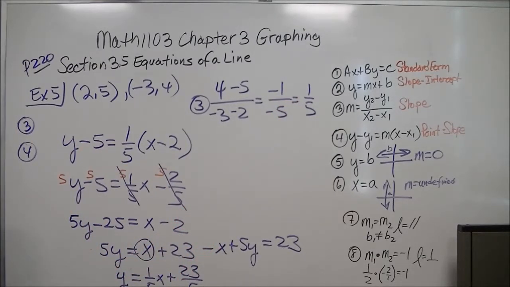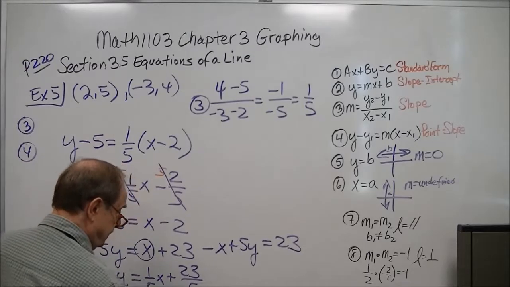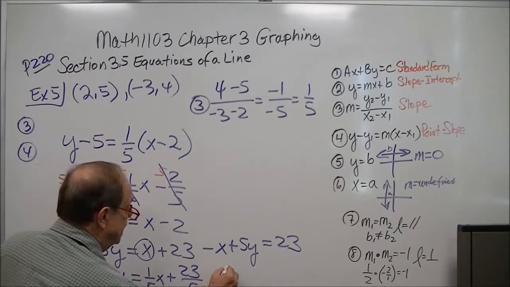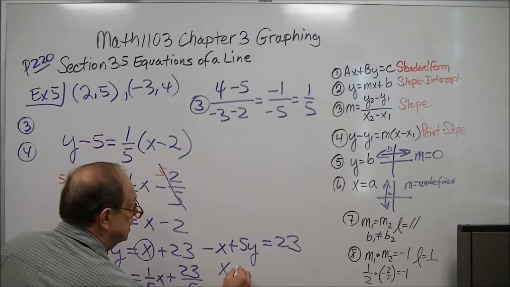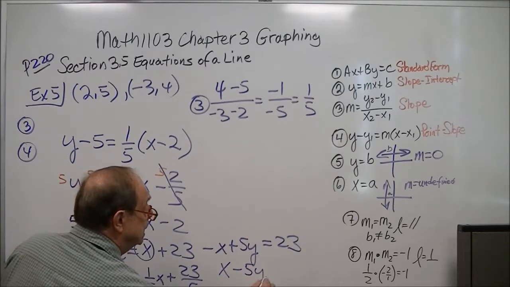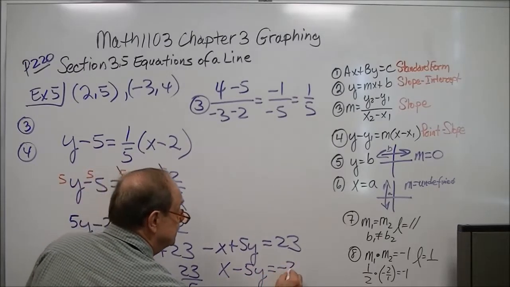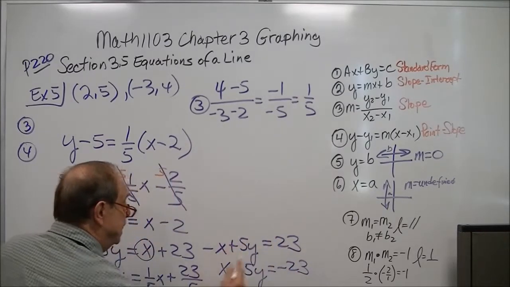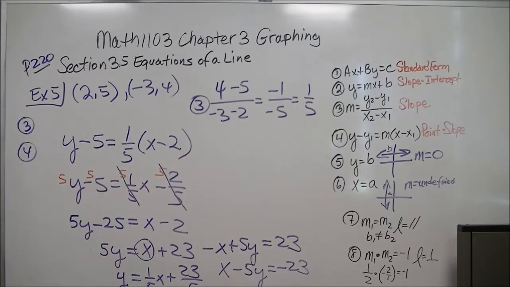So what do we do? Well, the answer is just change all the signs. This will become a positive x minus 5y equals a negative 23. Just change the signs. And that should do it.